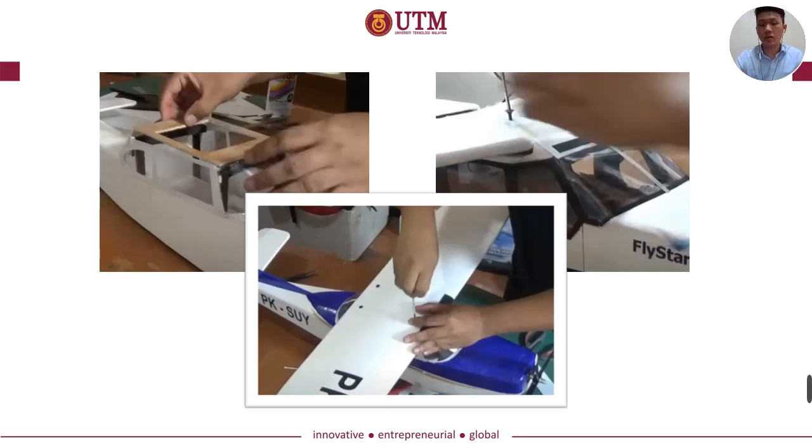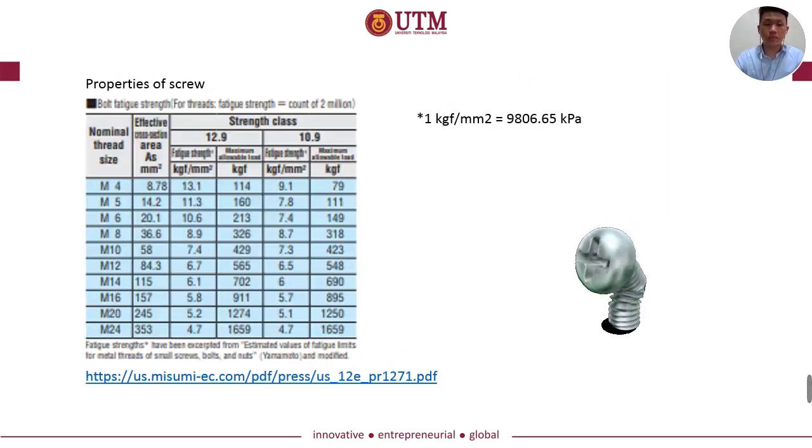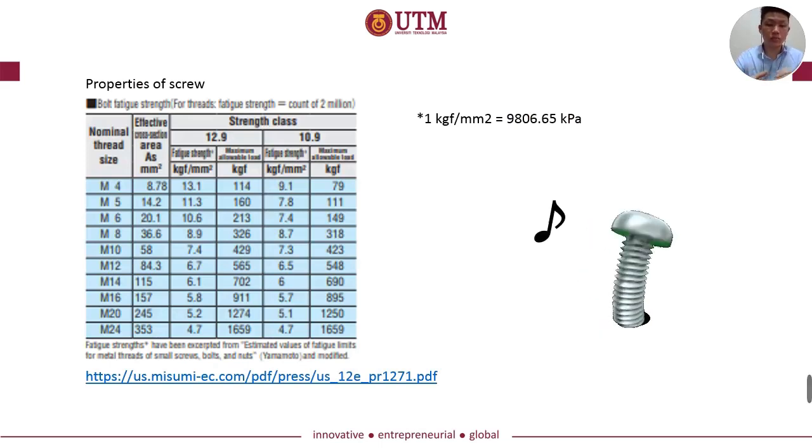The properties of the screw that we found show that the smallest size, which is M4, can produce a maximum allowable load of 114 kilograms force, which is more than enough in our case.